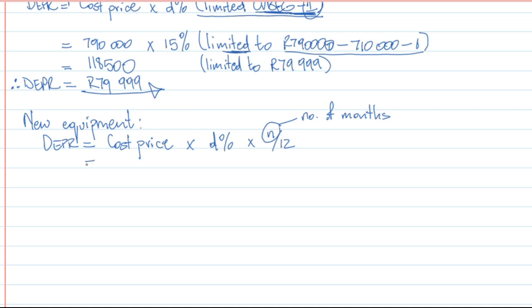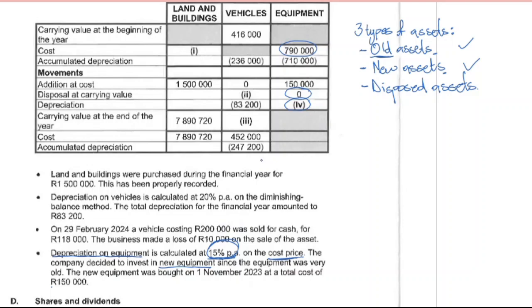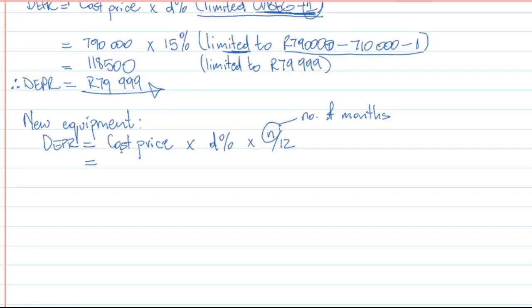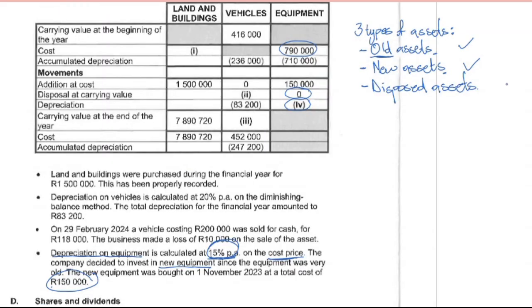So let's fill in the values for the equation on new equipment. The cost price, we are told, is 150,000 rands multiplied by the depreciation rate, which is 15%, multiplied by 4 over 12, because the asset has been in our books for 4 months.